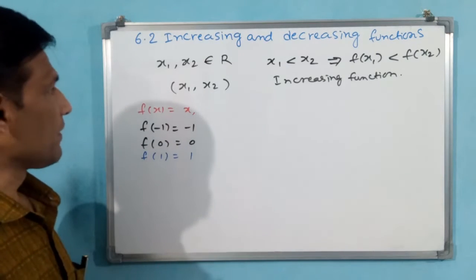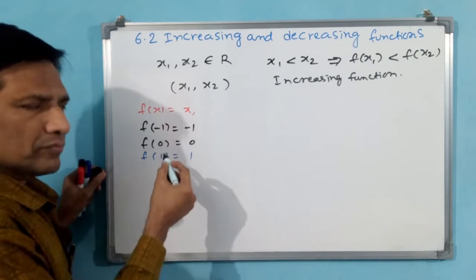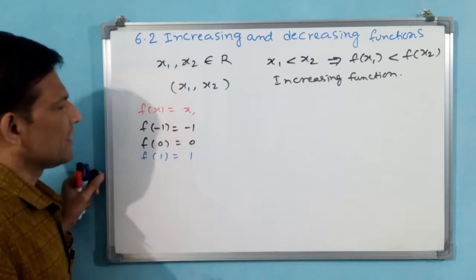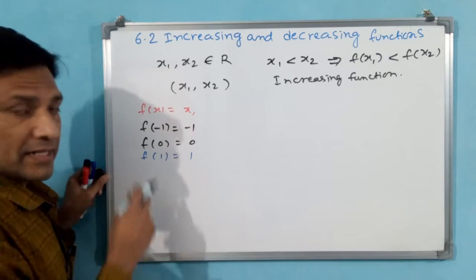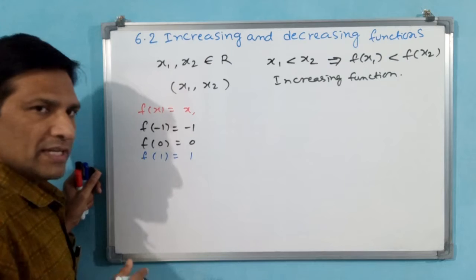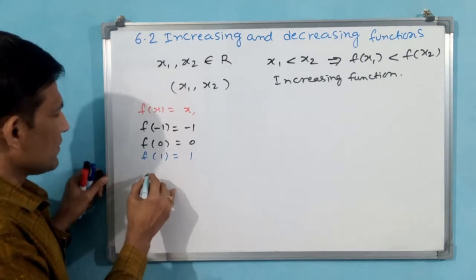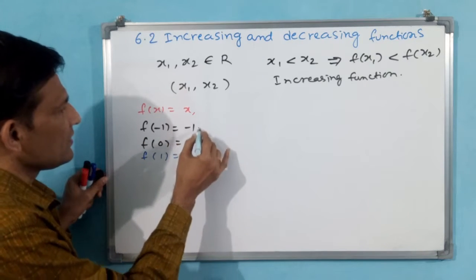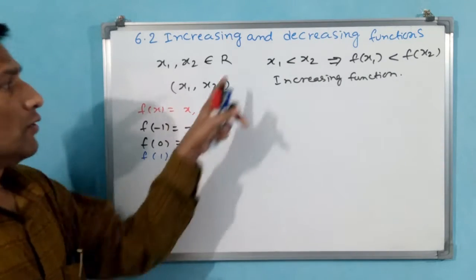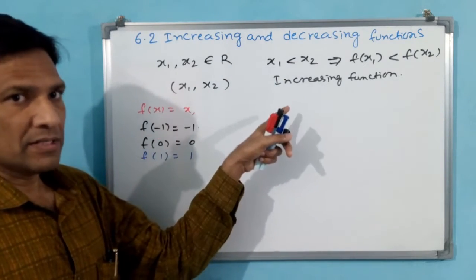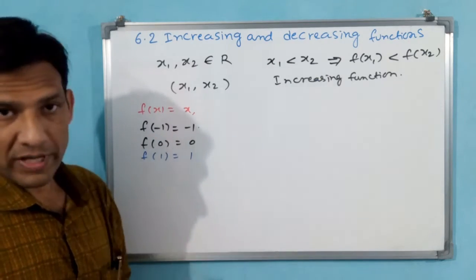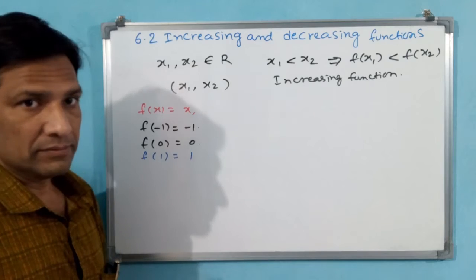Now you tell me. With a graph also we can understand, but for all functions we need not draw the graph. Let us understand this first without a graph, then we will draw the graph also. If you take two numbers, x2 should be greater than x1, like that you have to take, then only this is applicable.